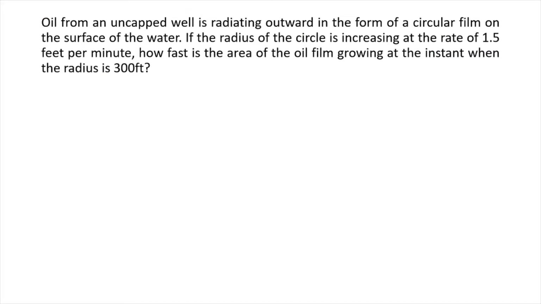Oil from an uncapped well is radiating outward in the form of a circular film on the surface of the water. If the radius of the circle is increasing at the rate of 1.5 feet per minute, how fast is the area of the oil film growing at the instant when the radius is 300 feet? The oil film is circular in shape, so let's draw a circle.